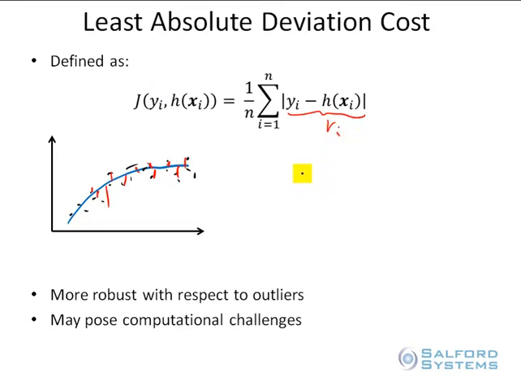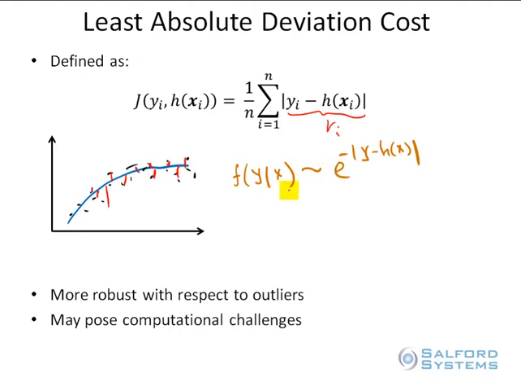arising in the situation when we assume that the conditional distribution of y given x is double exponential. What it means is that as far as the PDF goes, f of y conditional upon x is represented by the term that includes this relationship: e to the negative absolute value of y minus h of x.